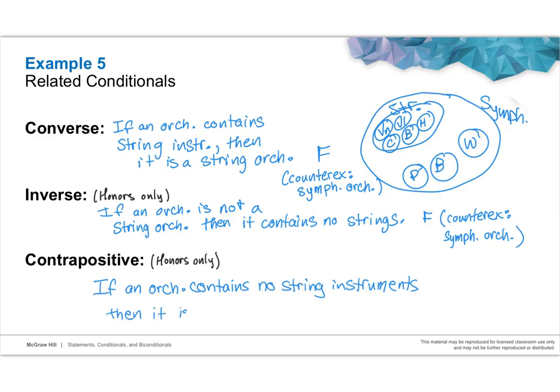It is not a string orchestra. And that would be a true statement. Again, looking at it, if an orchestra contains no strings, so there are no strings in anything, then it is not a string orchestra. Very true.